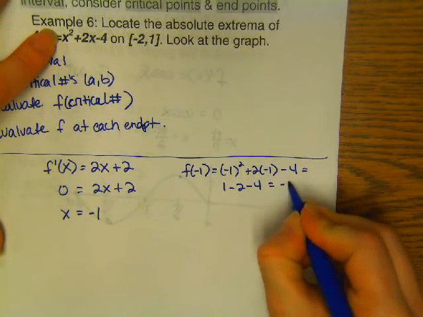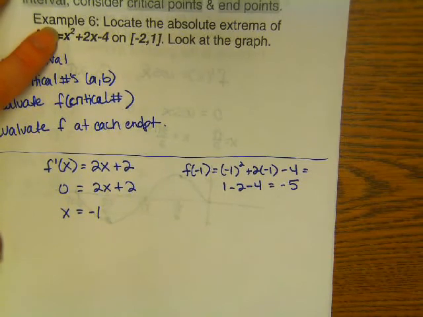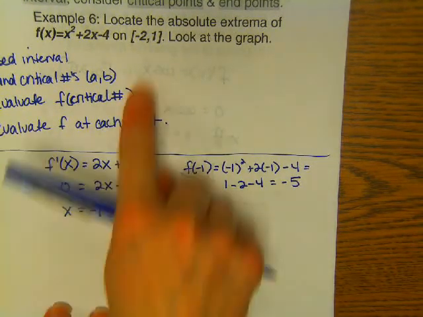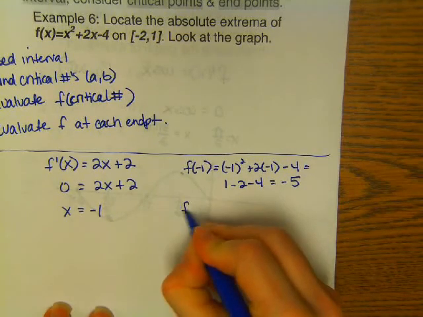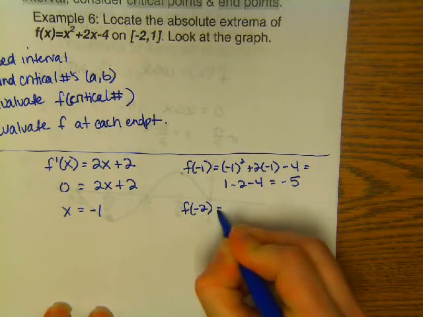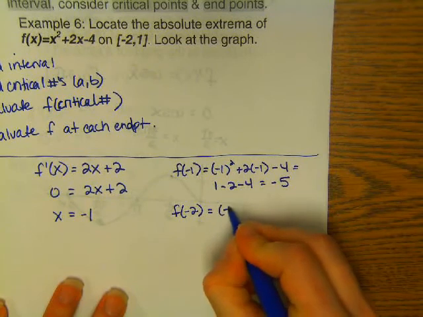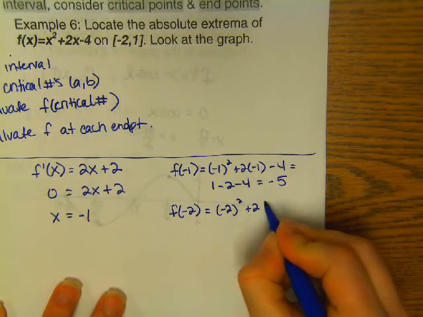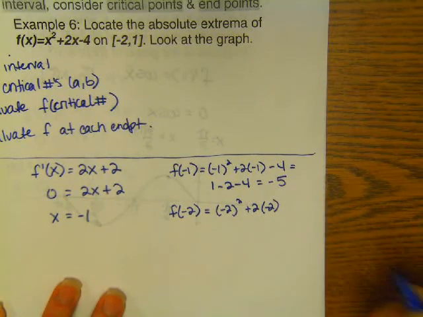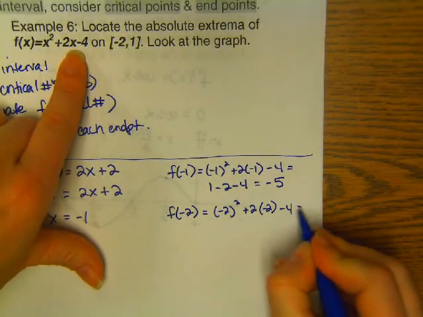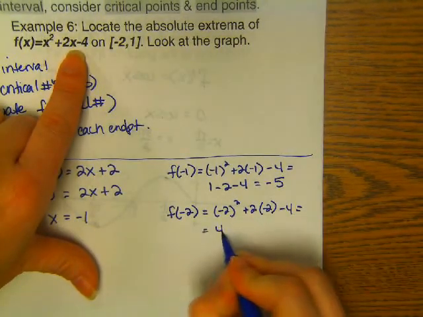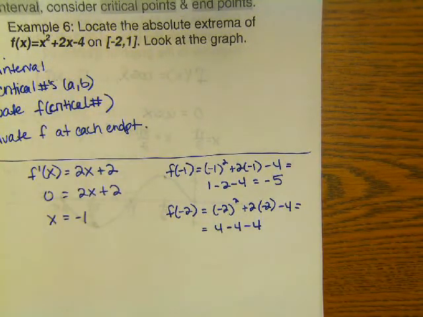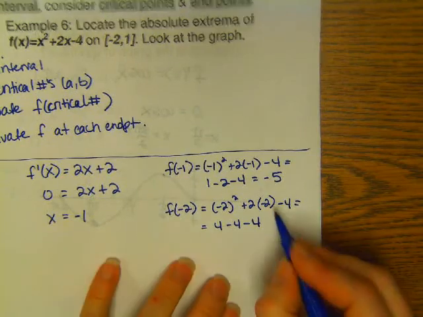Alright, so then I have to evaluate f at each endpoint. So we're going to do f of -2 is (-2) squared plus 2 times -2 minus 4. So I get 4 minus 4 minus 4. And I get a negative 4 for that.